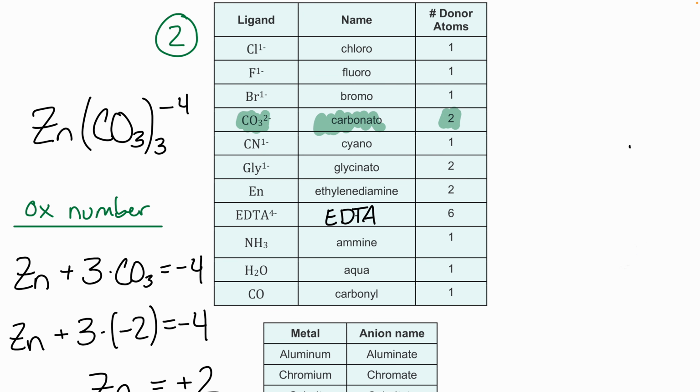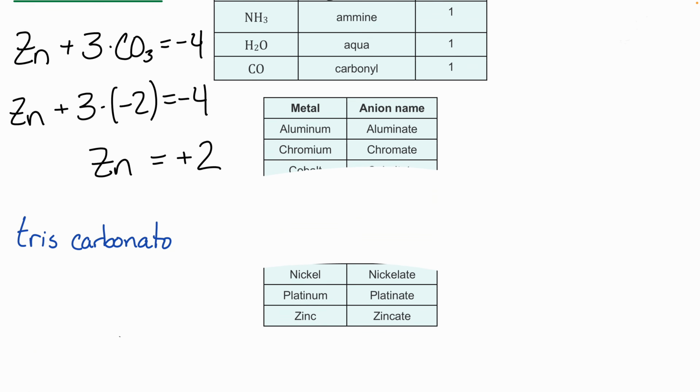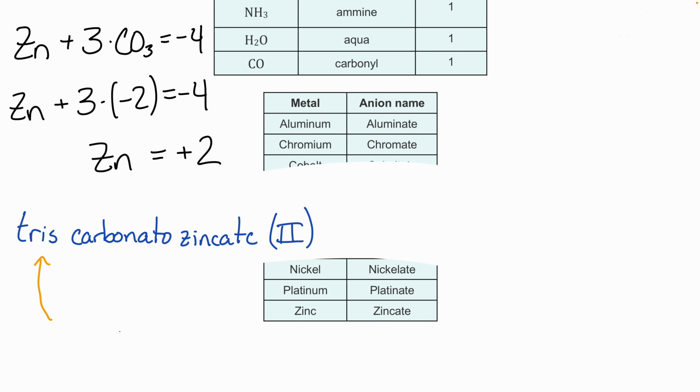Zincate, because my complex had that negative charge. So tris, carbonato, zincate, and then that oxidation number of 2. All right, so first thing to note, we have to use that polydentate ligand prefix.